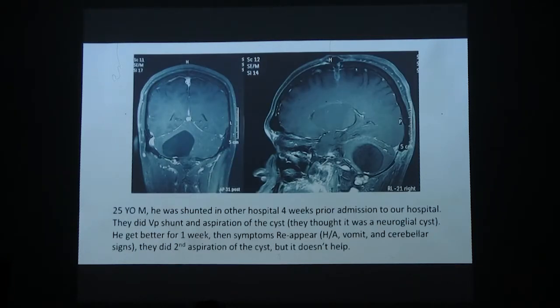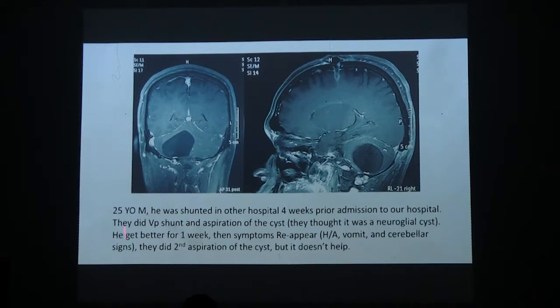This is another case. Interesting one. So 25 years old, a senior medical student, he was shunted in another hospital 4 weeks prior to admission to our hospital. They did a VP shunt and aspirated the cyst. They thought it was a neuroglial cyst.